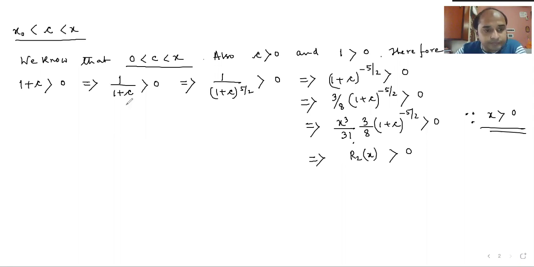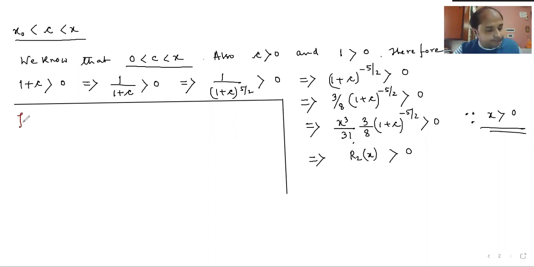Now I'm writing over here. Now what did we get in the previous page? We got that square root of 1 plus x is equal to 1 plus half x minus 1 by 8 x square plus R2x.